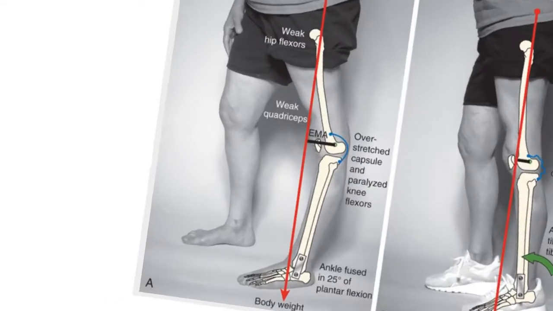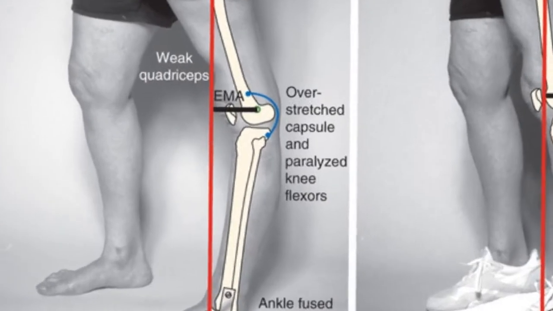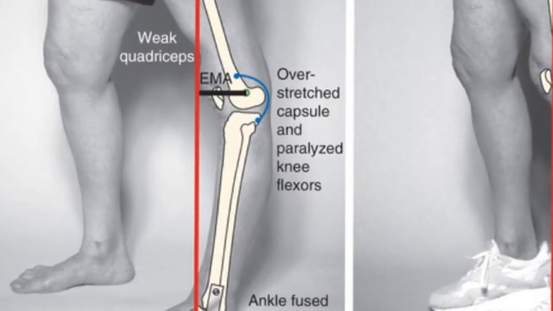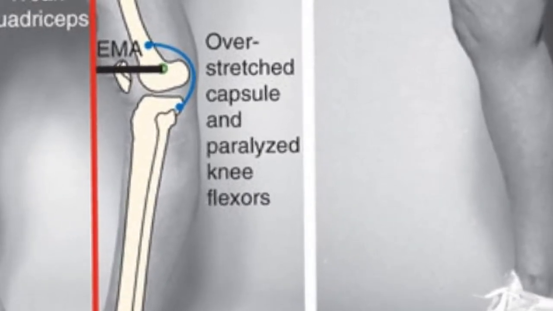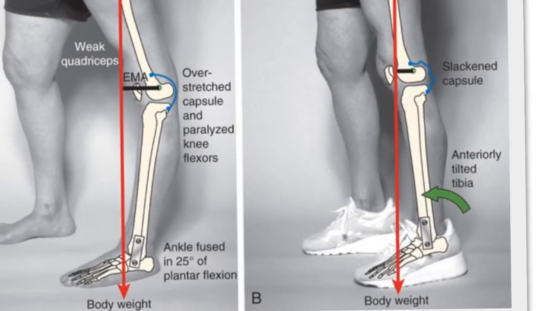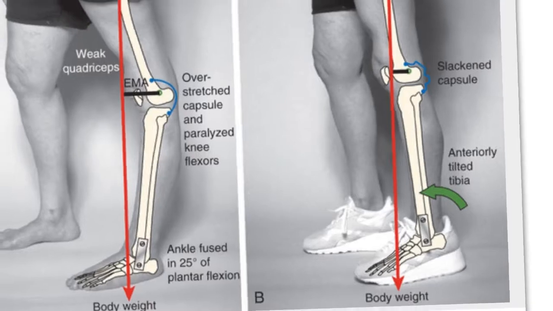So with the overstretched capsule, this is something that sometimes neurological patients may have due to the weakened quadriceps and ankle mobility. One of the ways that we can correct this, because if the capsule keeps getting overstretched and compromised there, it could result in some problems.